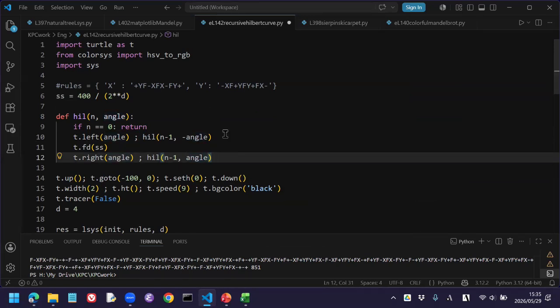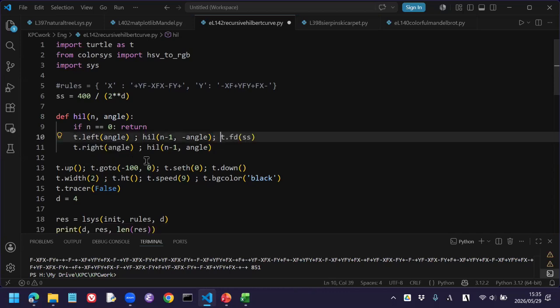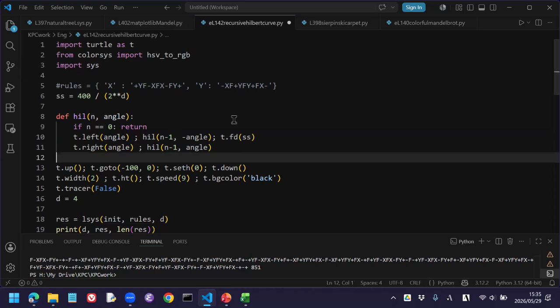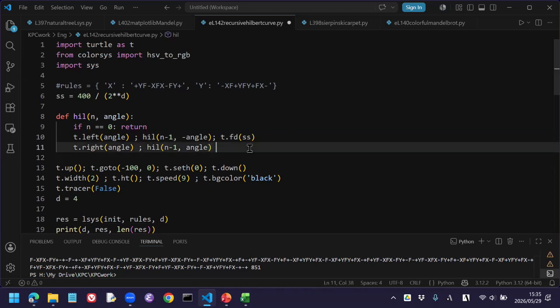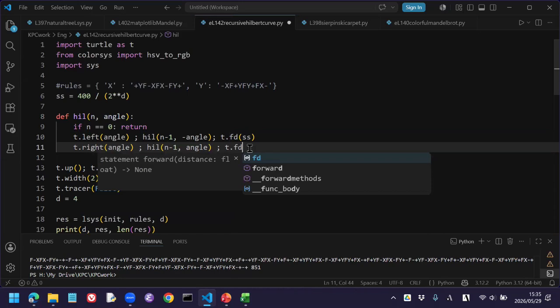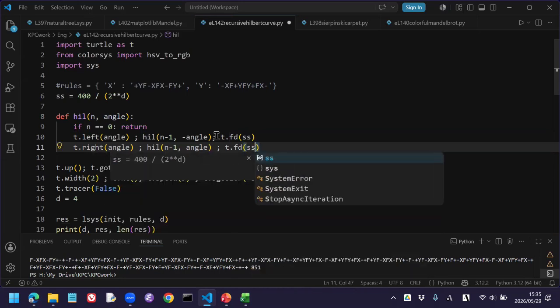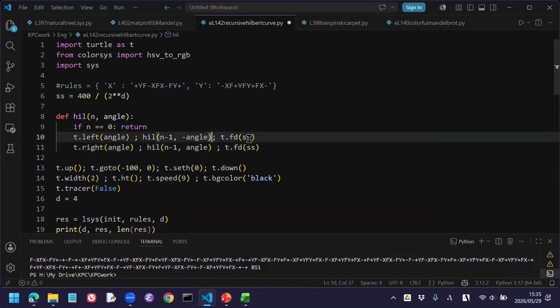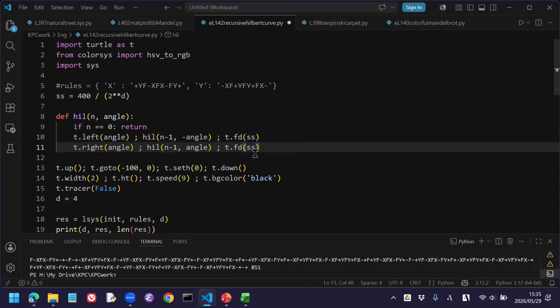Maybe we can just write it very compactly. The next one is forward again. So we write forward ss. Let's make it a little consistent. And then what's X minus F? We do the reverse order.